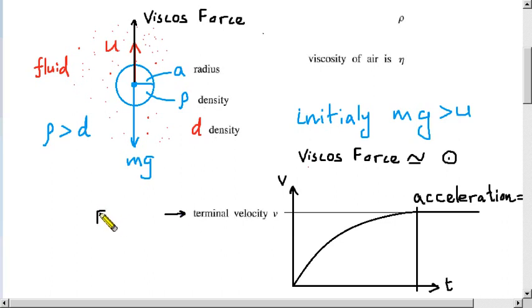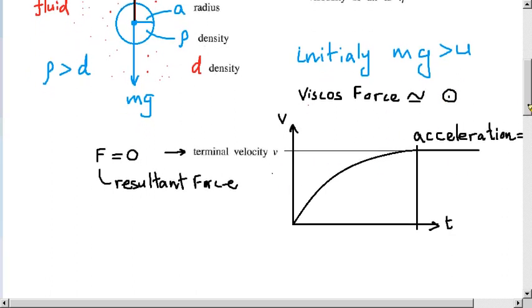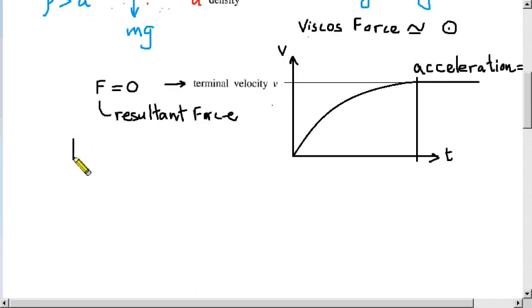F equals 0. F means the resultant force. Resultant force is 0. That means the forces upwards equal the forces downwards.